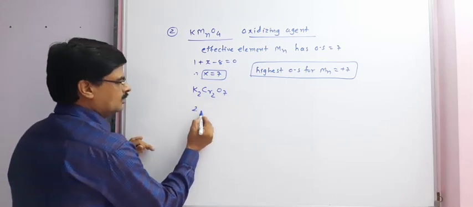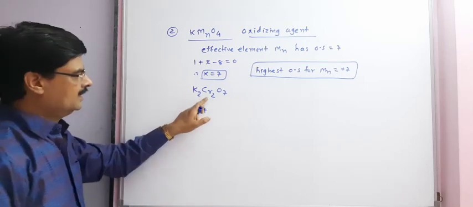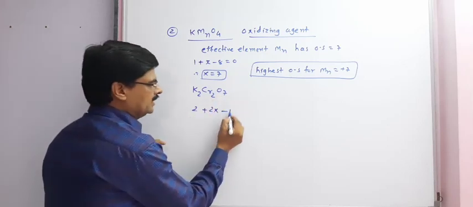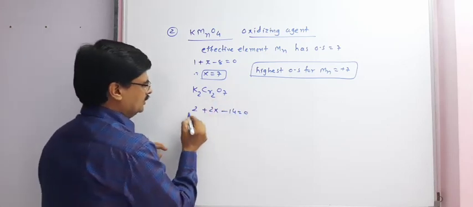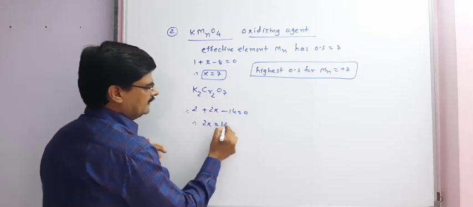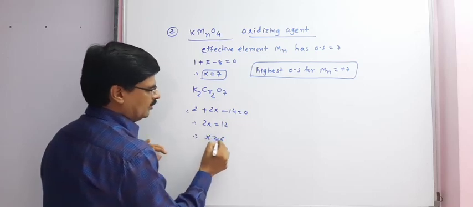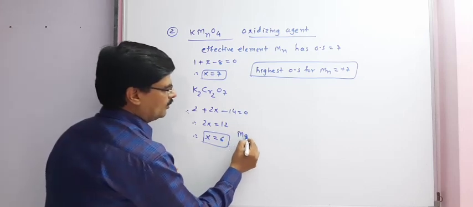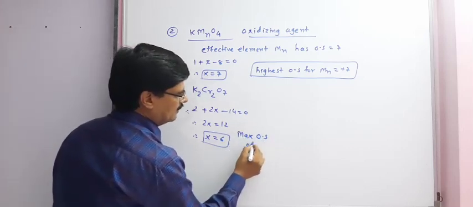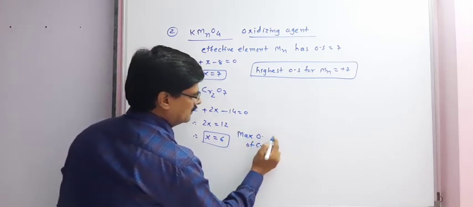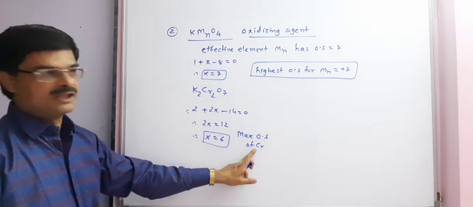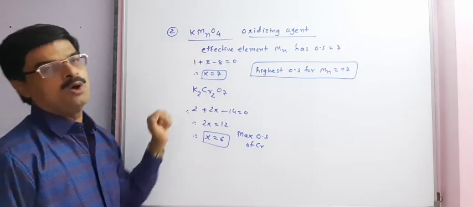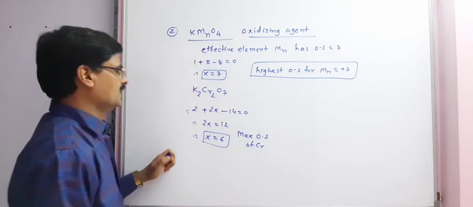Let us look. 2 for 2K, for Cr2 2x, minus 14 is equal to 0. Therefore, 2x is equal to 12, x is equal to 6. The maximum oxidation state of chromium is 6. So both can act as oxidizing agent only.